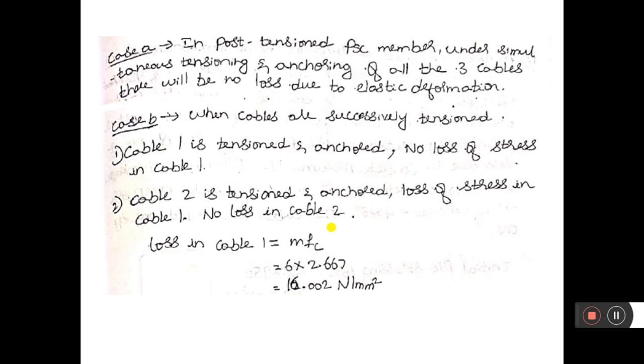As a result of this, there will be loss in cable 1, which is already tensioned, and cable 2 will have 0 loss because cable 2 will be anchored after that shortening occurs. Therefore, loss in cable 1 is equal to m into fc. M is the modular ratio, which is given. Fc is the compressive stress in the concrete, which is 2.667 Newton per mm square. Therefore, loss in cable 1 is equal to 16.002 Newton per mm square.